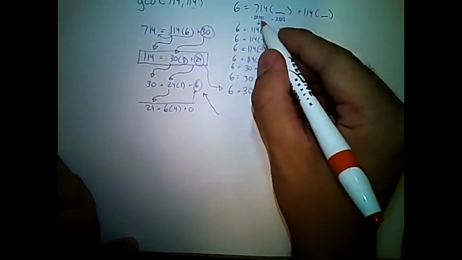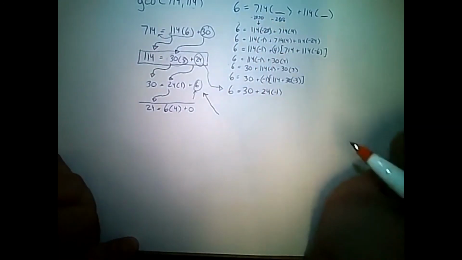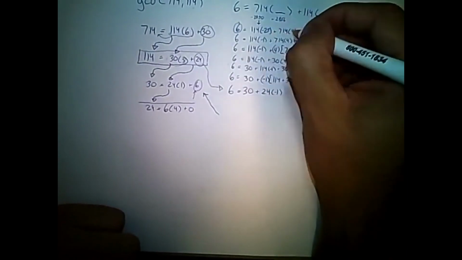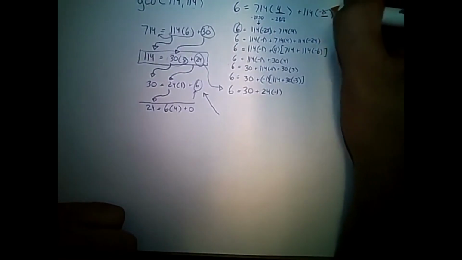I can look at these and say, okay, this is actually 6, which matches the left-hand side of the equation, which is good. And now we can fill in our blanks here. 4 and minus 25 are the coefficients.